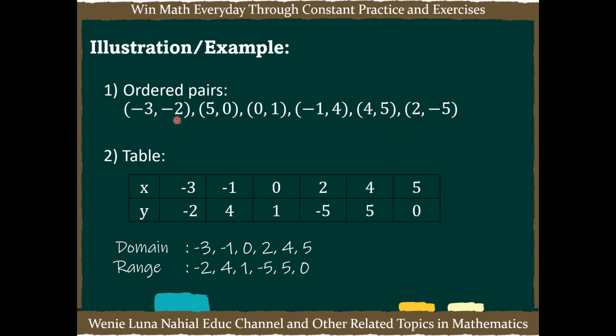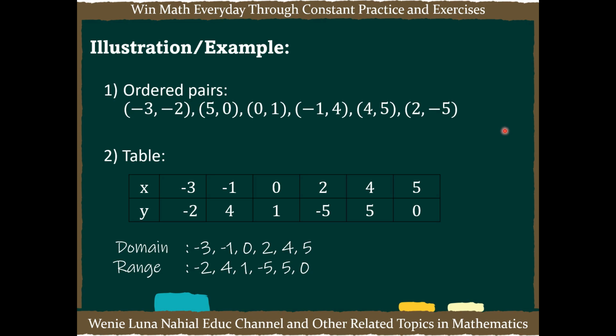And for the second component of the ordered pairs, there is no repetition of the numbers. So we can say that this set of ordered pairs is, of course, a relation.